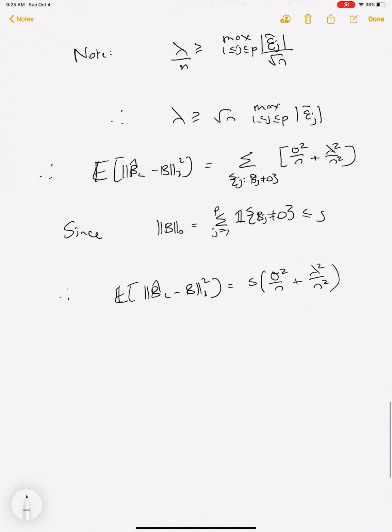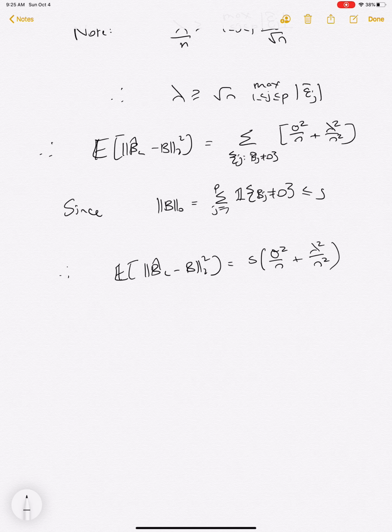And I mentioned as well that we can bound the max over j, 1 to p, of epsilon tilde j. This is sort of beyond our calculations to go through explicitly. It's less than or equal to 2 times the square root of log p. The reason I'm saying less than is because this is actually a random variable, but you can show that with high probability that's going to be true.